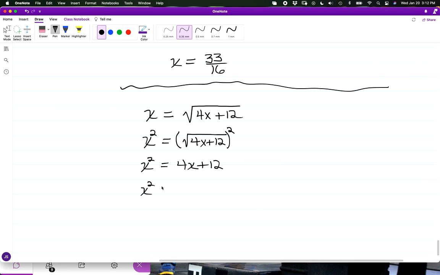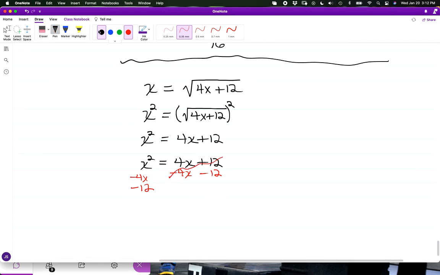And if I write it in standard form, I'm going to join x squared with the first order and constant terms. So we have x squared minus 4x minus 12 is equal to 0.